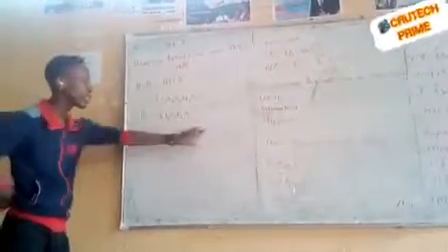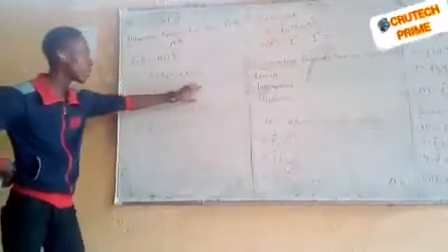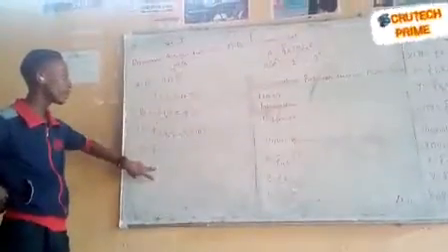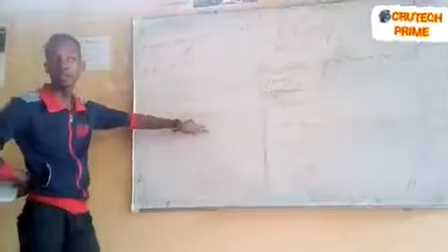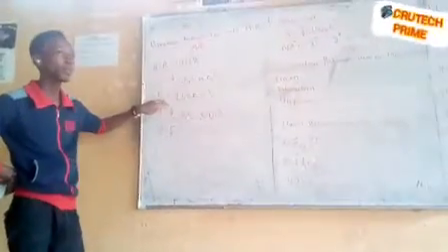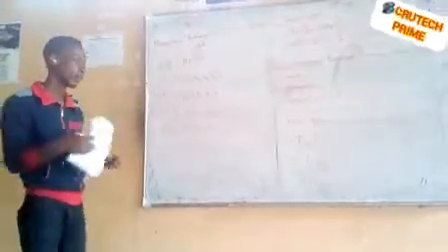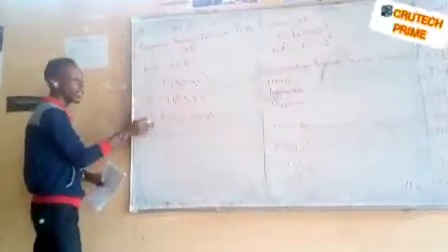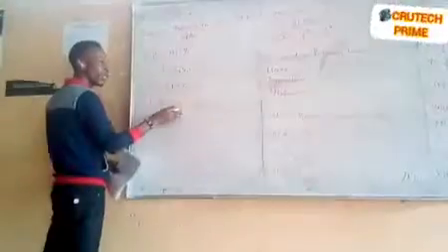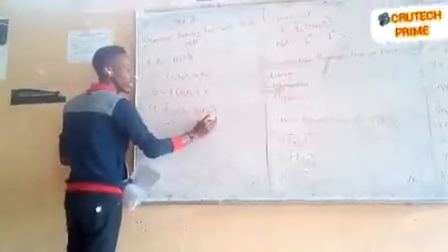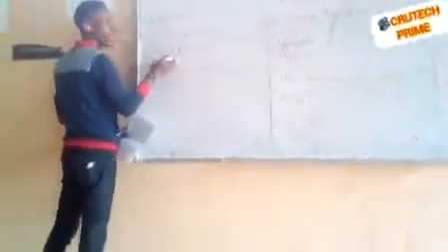This is the universal set, this is the B set. So B complement is the set of elements of the universal set that are not in the B set.